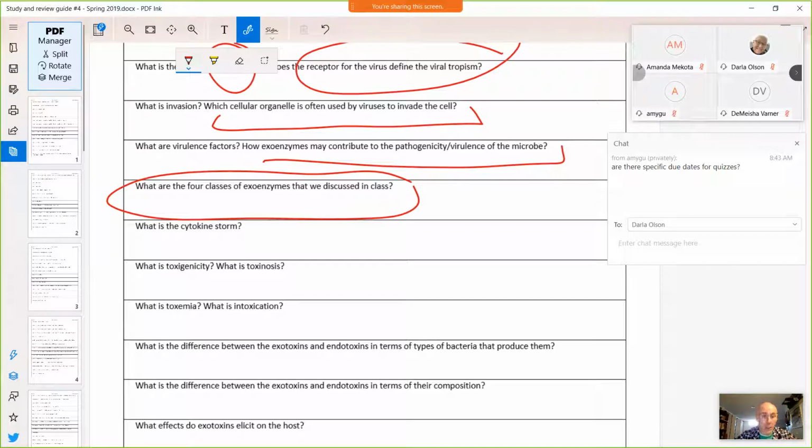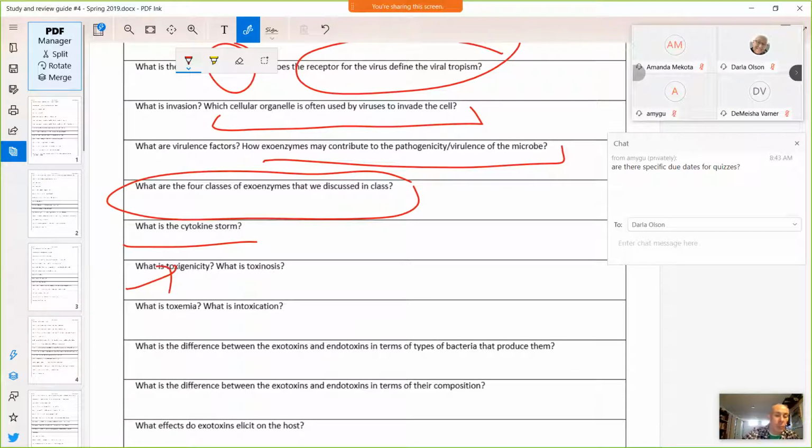Phospholipases can break down the phospholipid bilayer and lyse the membrane, leading to cell death. So basically the idea is that exoenzymes somehow negatively modify the environment, and the environment for those microorganisms is essentially a cell or tissue.